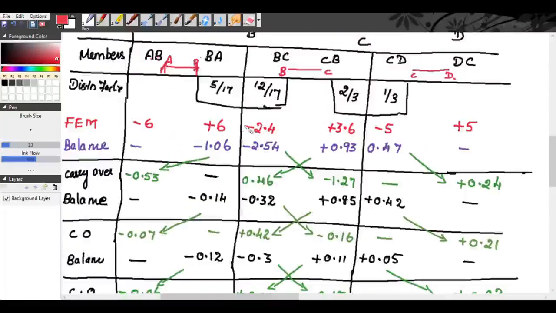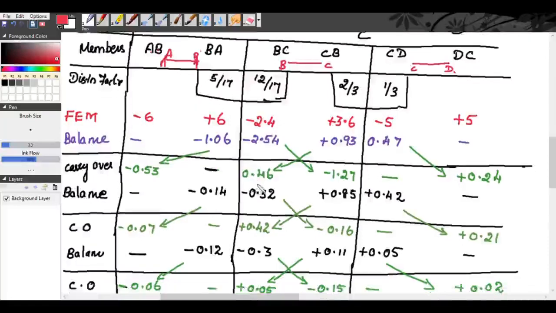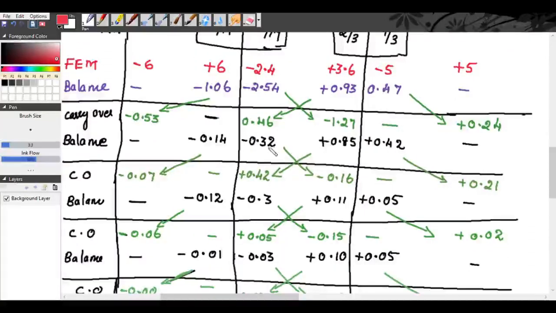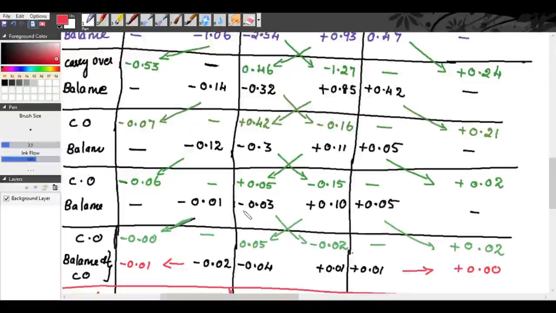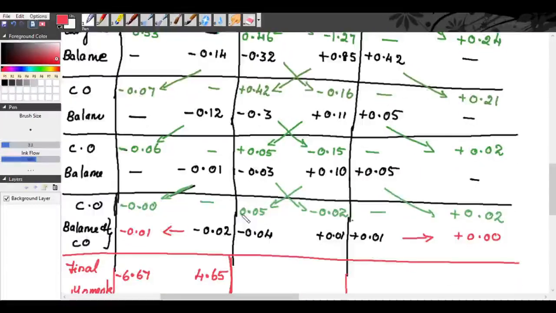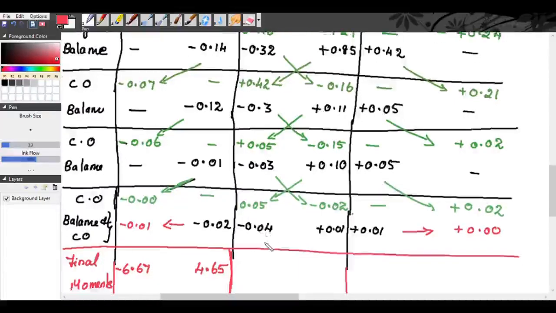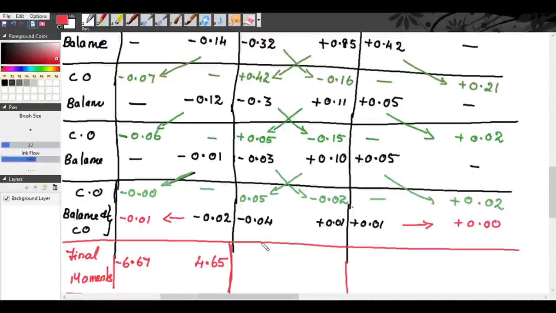Now, for the span BC at B, minus 2.4, minus 2.54, plus 0.46, minus 0.32, plus 0.42, minus 0.3, plus 0.05, minus 0.03, plus 0.05, minus 0.04. Add all these, we get minus 4.65. So at the intermediate support B, it is plus 4.65, minus 4.65. And the left fixed support, it is minus.